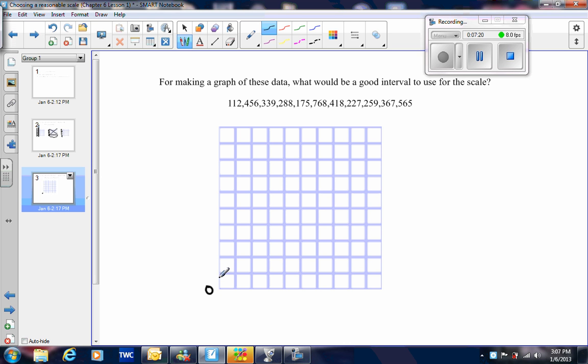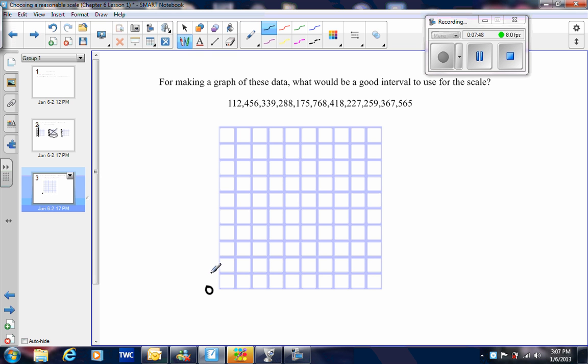So if I was to start down here at 0, let's try counting by 50. 50, 100, 150, 200, 250, 300, 350, 400, 450, 500. A lot of my information can be graphed there, but I could not graph this 768. So counting by 50s doesn't quite get me where I need to go.